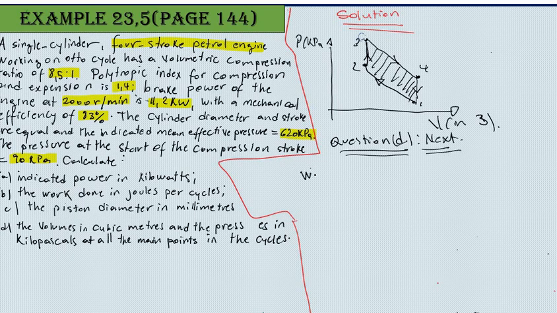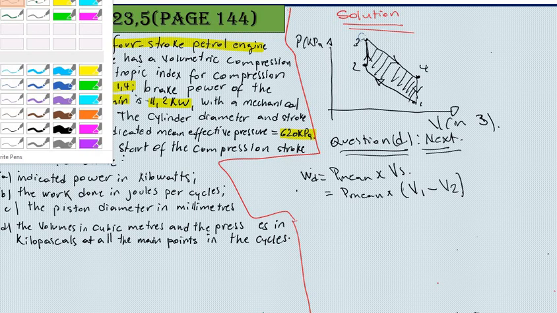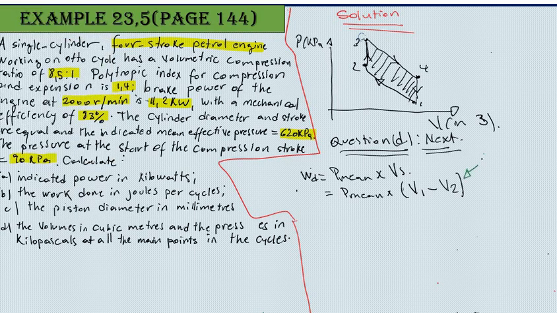If we say the work done is equal to the mean pressure multiplied by the swept volume, so that is also equal to V mean. We can write the expression of swept volume. Swept volume is just the difference between V1 and V2. So all this represents the swept volume.